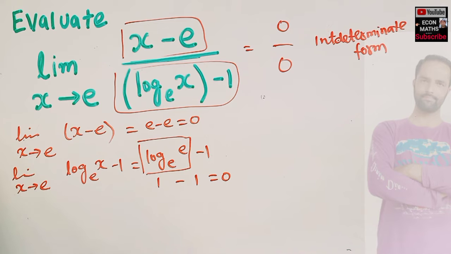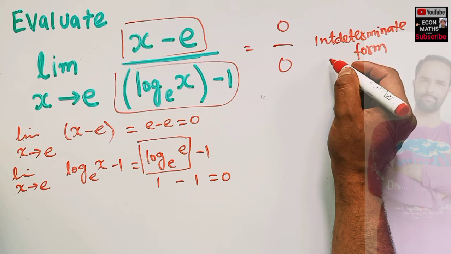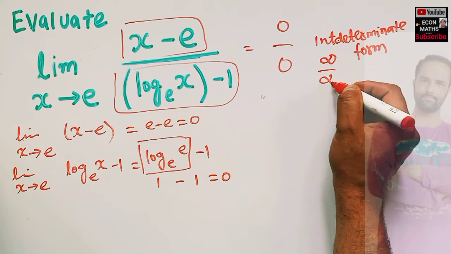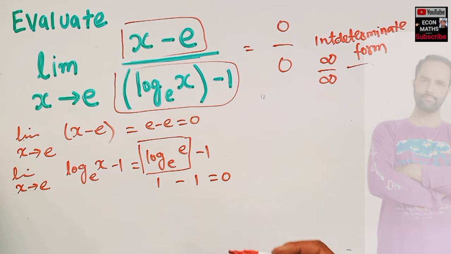When we have a function in indeterminate form, we use L'Hopital's rule to get rid of it. In other situations we will get infinity upon infinity, which is also called an indeterminate form.